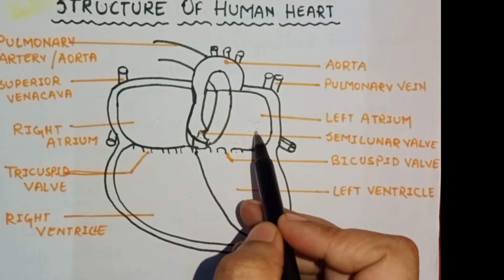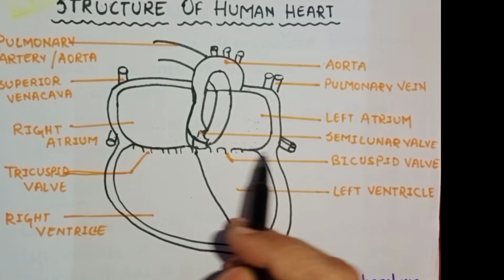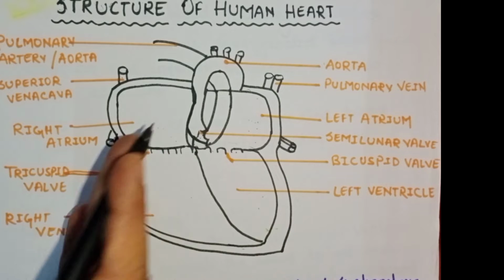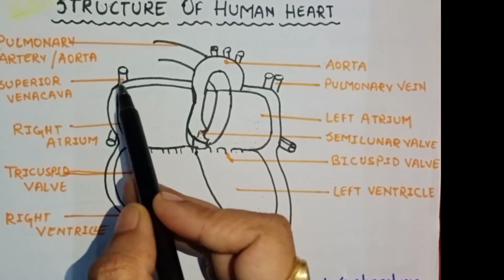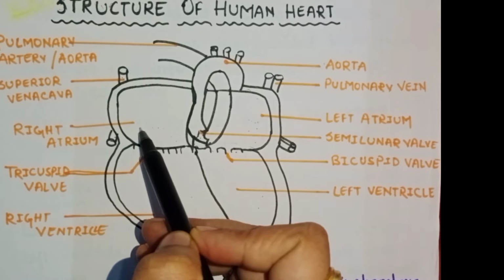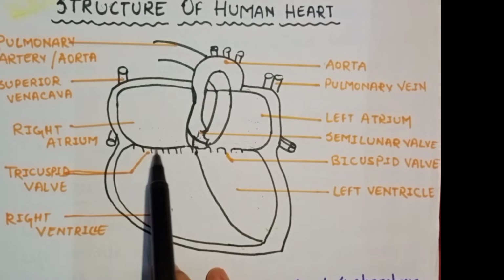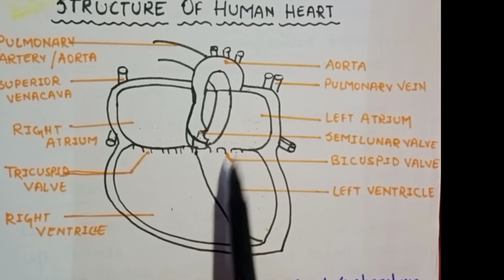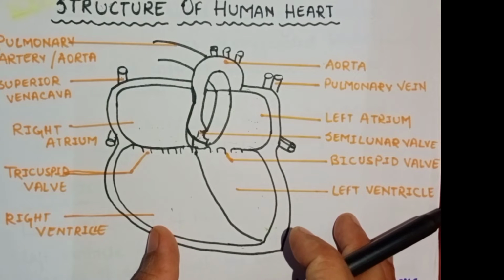And the left atrium has an opening from the pulmonary veins, and the right atrium opens in superior vena cava and inferior vena cava, which connects to the right ventricle, which is guarded by tricuspid valve, and it opens into a pulmonary aorta. So this is a very simple diagram of human heart.